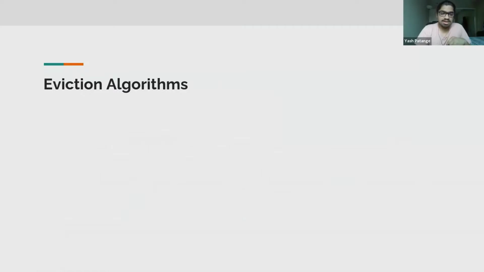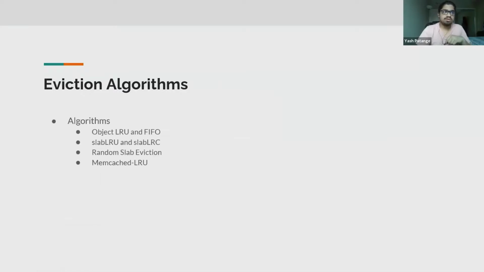So let's get into eviction algorithms. These four are the candidate algorithms that they use. Object LRU and FIFO are similar to the basic least recently used and first in first out policies that we have seen. Slab LRU and Slab LRC, where LRC stands for least recently created, are two specifically developed for slab-based memory allocation in Memcache.